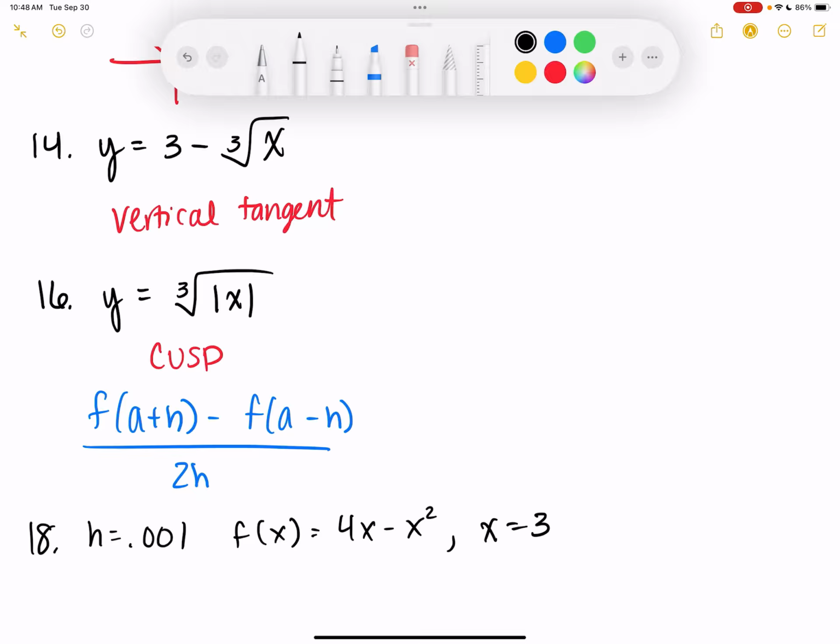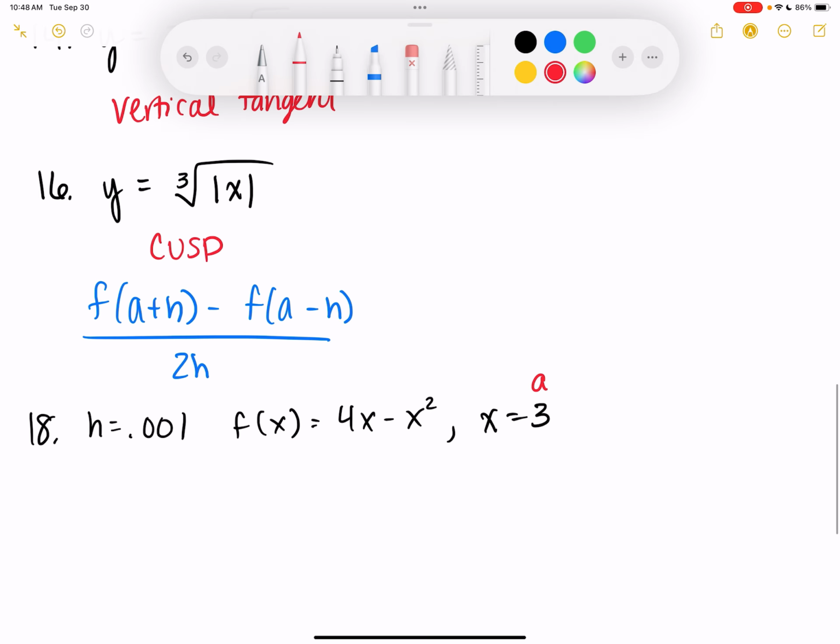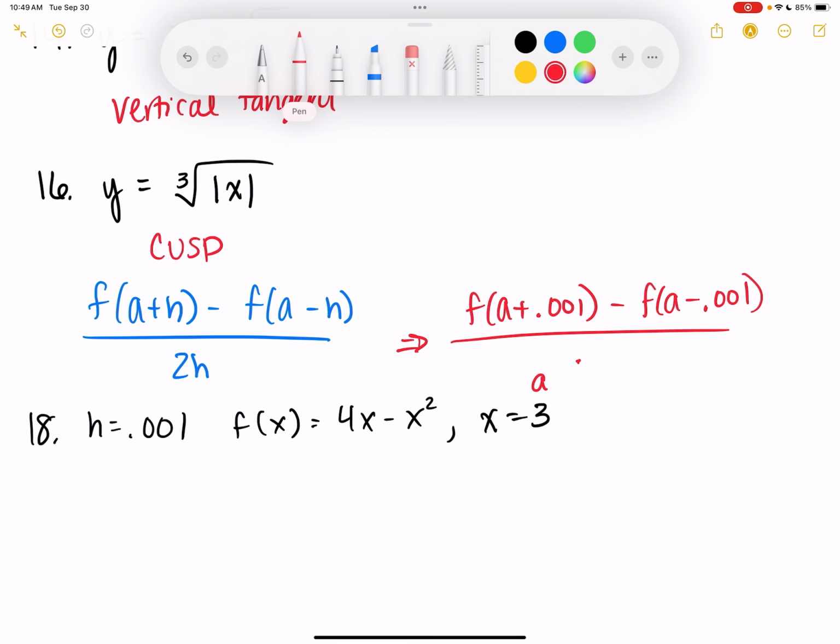We're basically just plugging in a plus 0.001 for our x values, but in this case my a is 3. So this formula becomes f of a plus 0.001 minus f of a minus 0.001, over 2 times 0.001, so 0.002, and we'll be plugging in 3 for a.